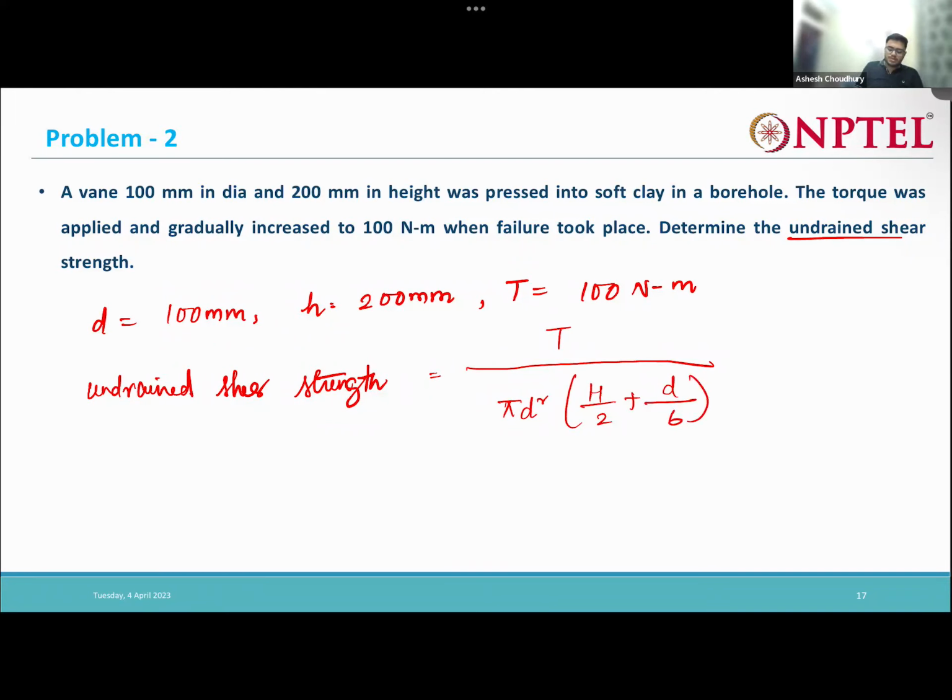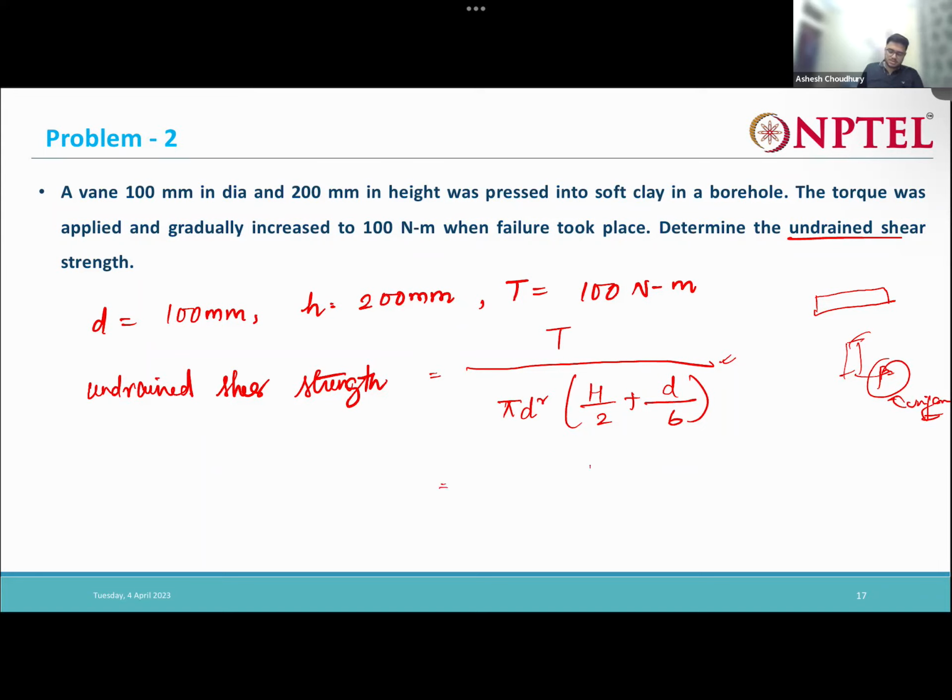So if we consider uniform distribution at the top and the bottom of the vanes, then we will get this relation. Okay, for the undrained shear strength. So beta value we are considering for the uniform. So you are getting this expression.